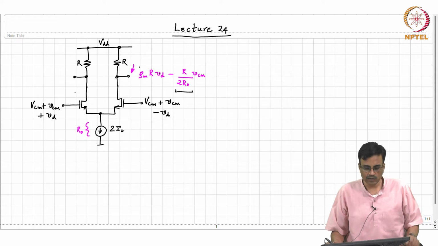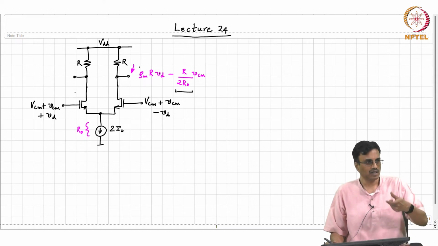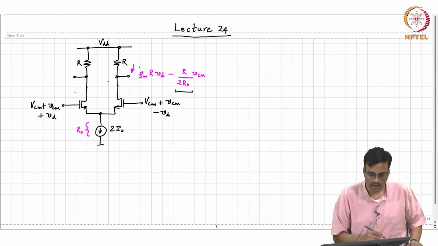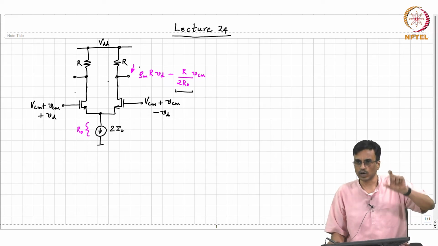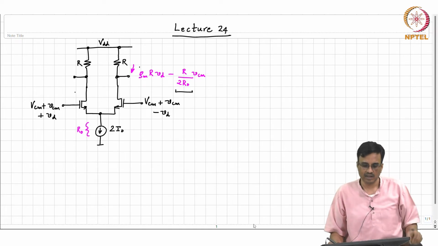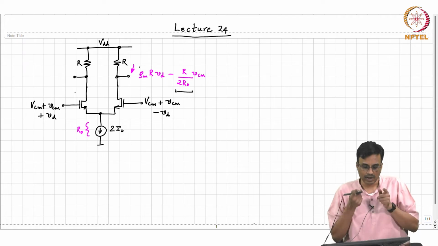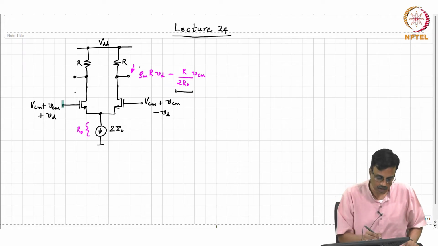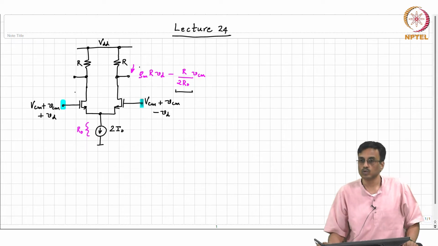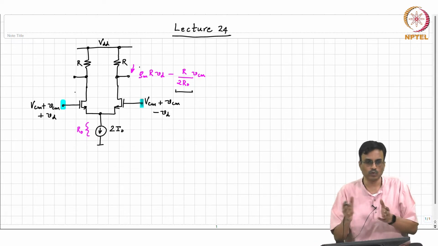As you can see in the incremental picture, this voltage is referred to ground. It is GMR times VD, where VD is the difference between these two, or GMR by 2 times 2 VD.